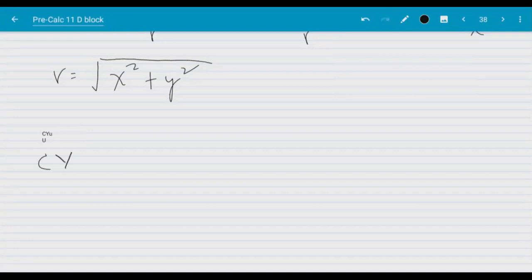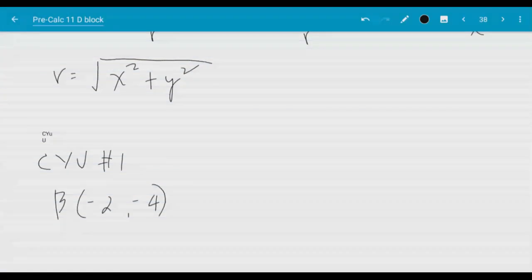Check your understanding number 1. So there's a point B, (-2, -4). It is on the terminal arm of an angle theta in standard position.